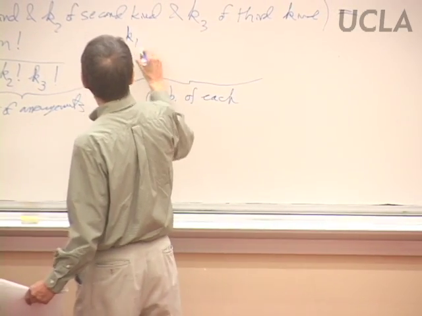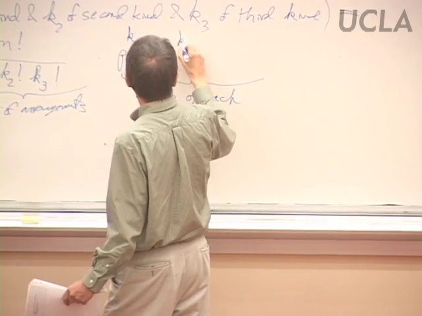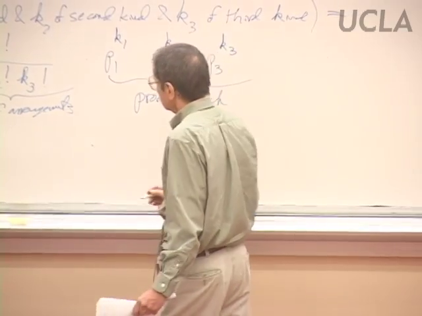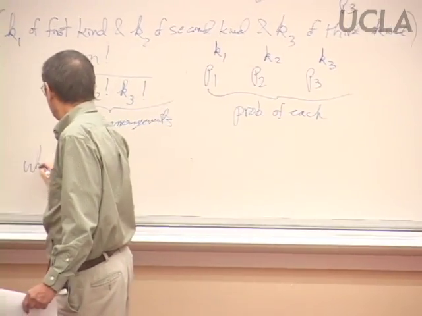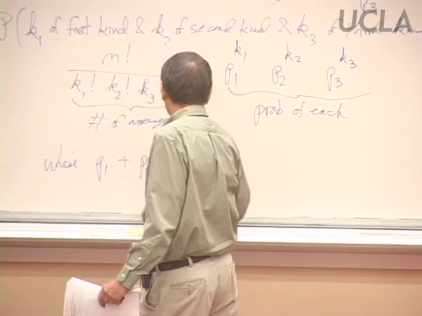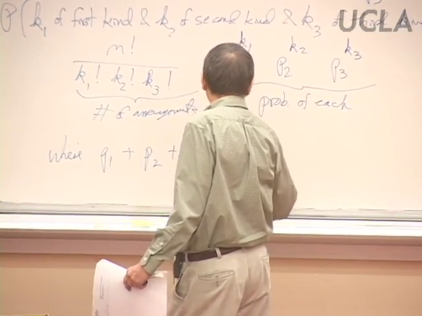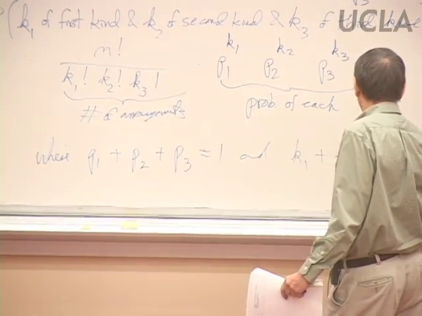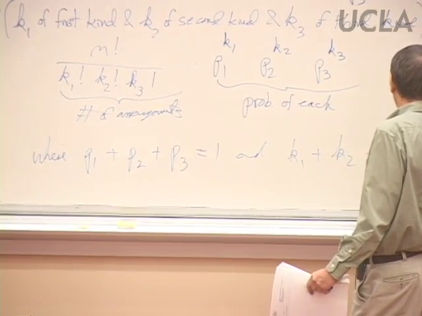P1 to the k1 power, p2 to the k2, p3 to the k3. Where these things add up, right? The probabilities have to sum to 1, and the individual counts have to add up to n.